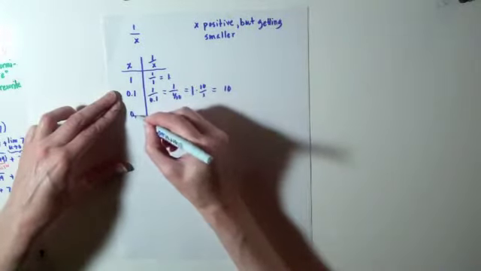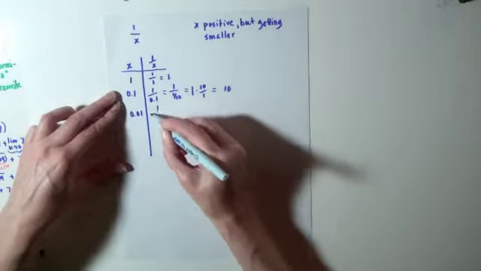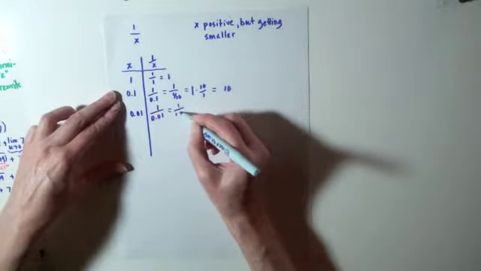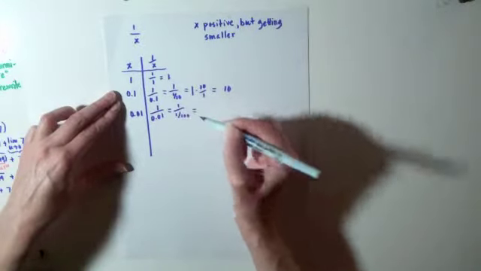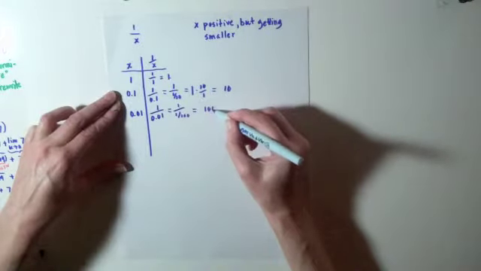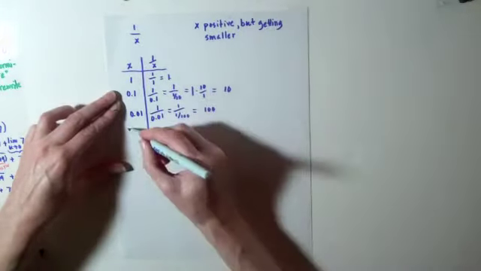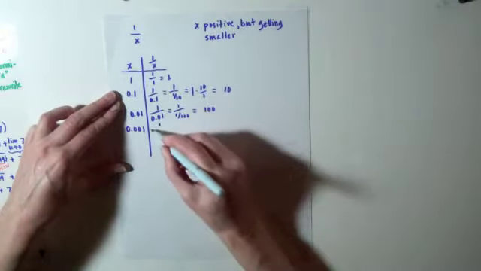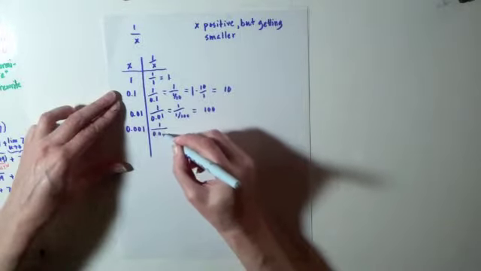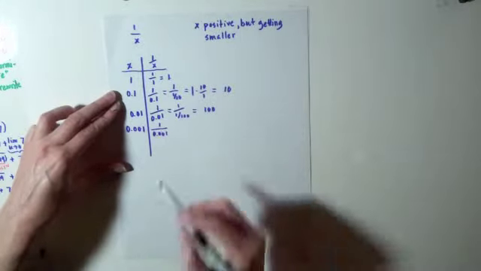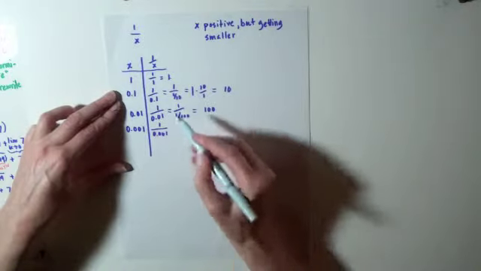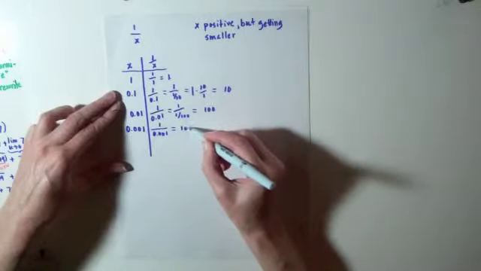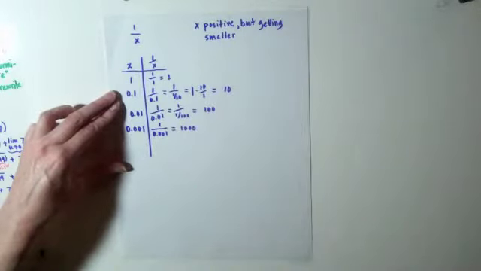If I put in something like 0.01, I would have 1 over 0.01. That's 1 over 1/100th. And when I invert and multiply, that would give me an output of 100. If I continue to let my x be positive but getting tinier, I would end up then with values that continue to get larger. 1 over 0.001 would be 1 over 1,000, and that would end up giving me 1,000 when I invert and multiply.